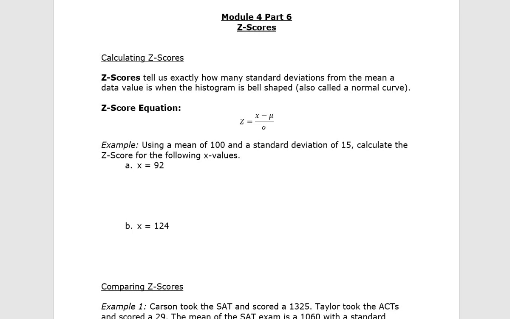For example, if you want to compare the height of a woman to the height of a man, then you will need to find the z-score for the woman relative to the average height of women, and then find the z-score for a man relative to the average height of men, and then you're going to compare the z-scores instead of comparing the heights head to head.